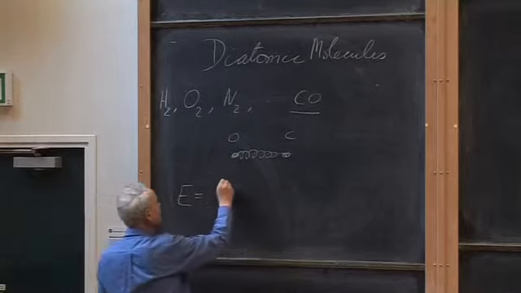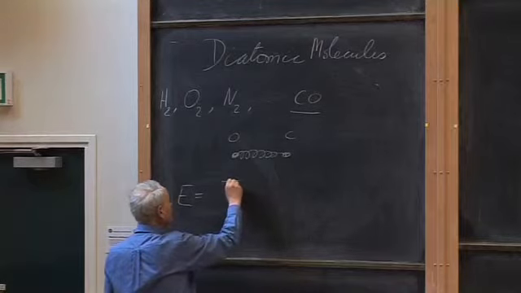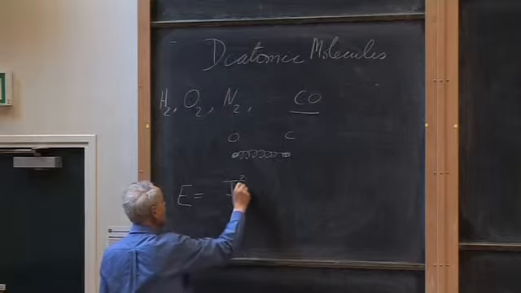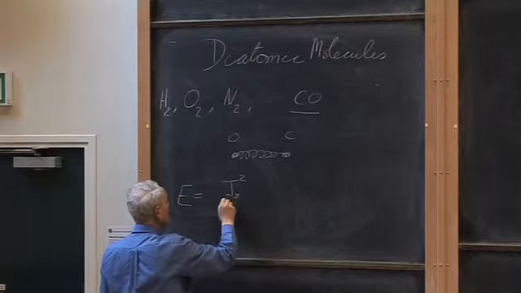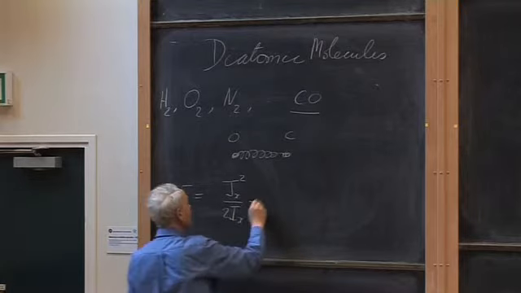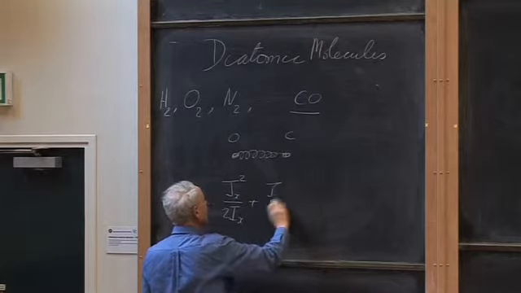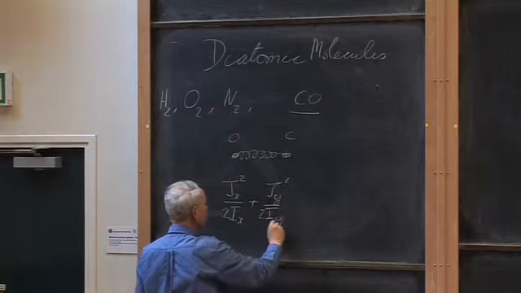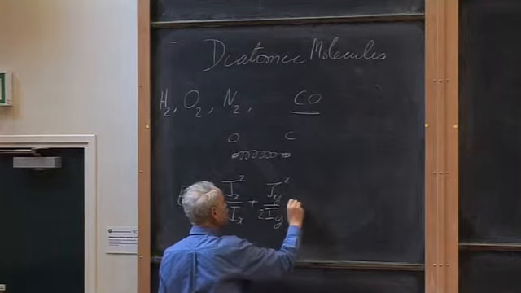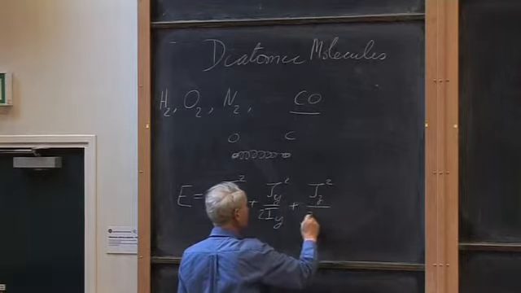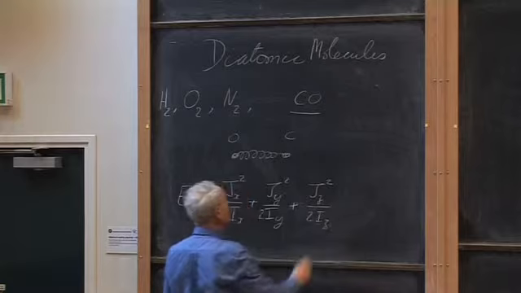The energy is given by the classical angular momentum around the x-axis squared over twice the moment of inertia around the x-axis, plus the classical angular momentum squared around the y-axis over twice the moment of inertia around the y-axis, plus the classical angular momentum squared over 2Iz.